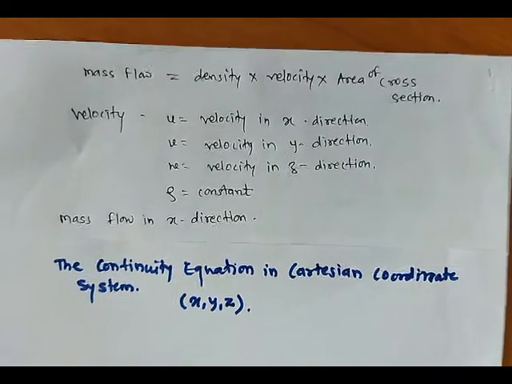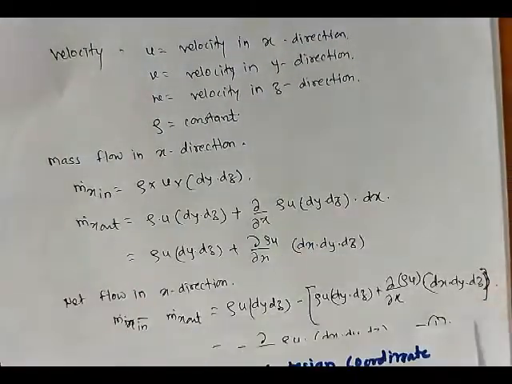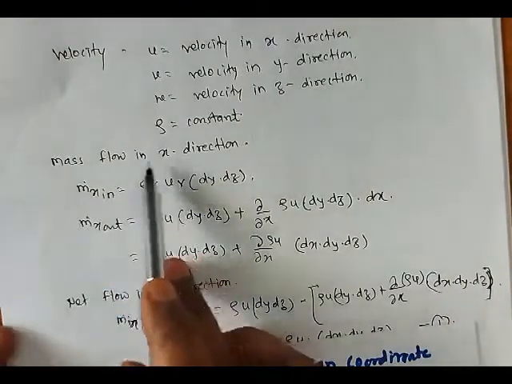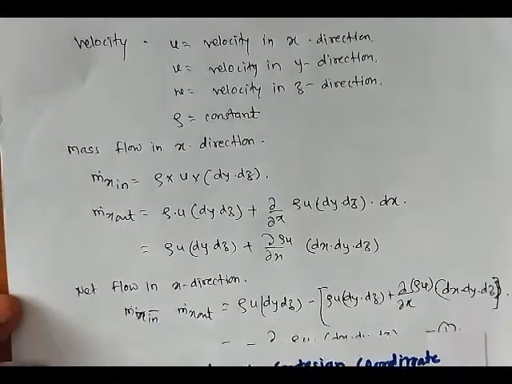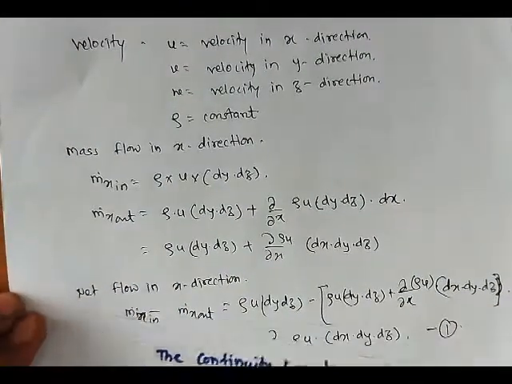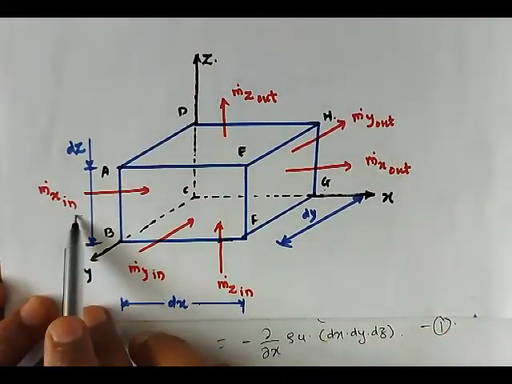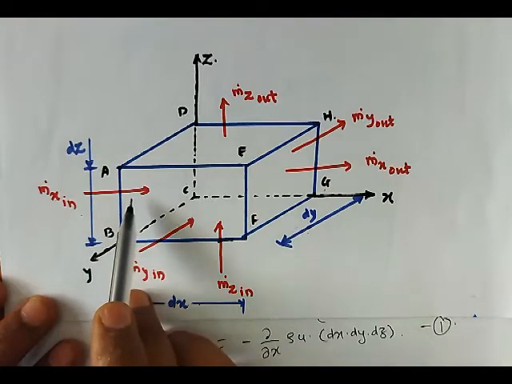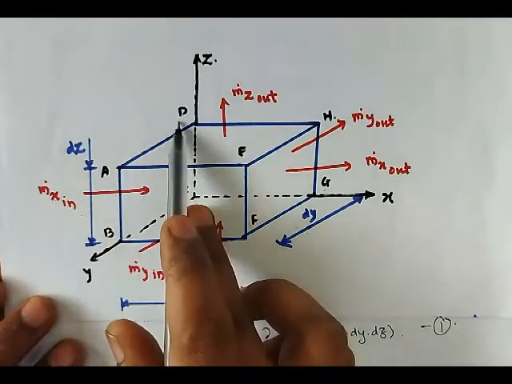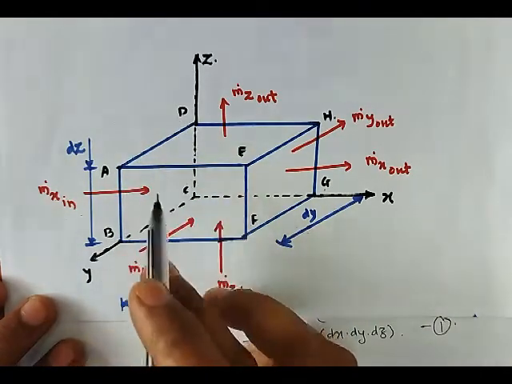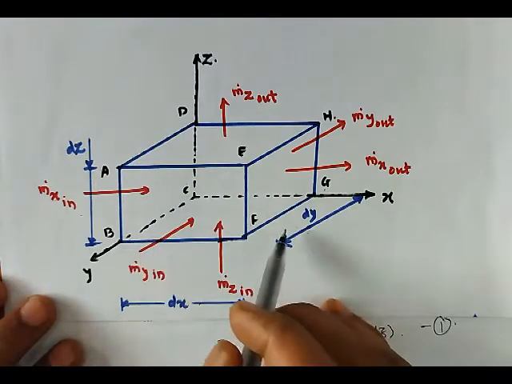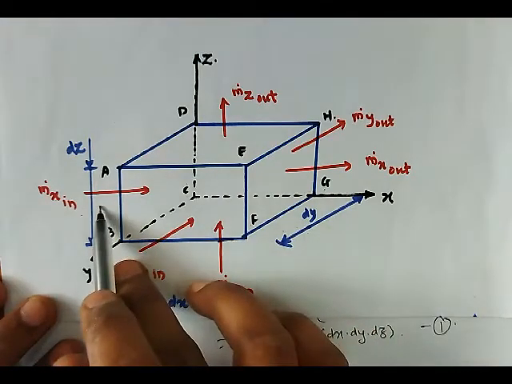Now we will see the mass flow in the X direction. First we will find the mass flow in the X direction, m dot x in, which passes through the cross section A, B, C, D. A, B, C, D has area dy multiplied by dz.